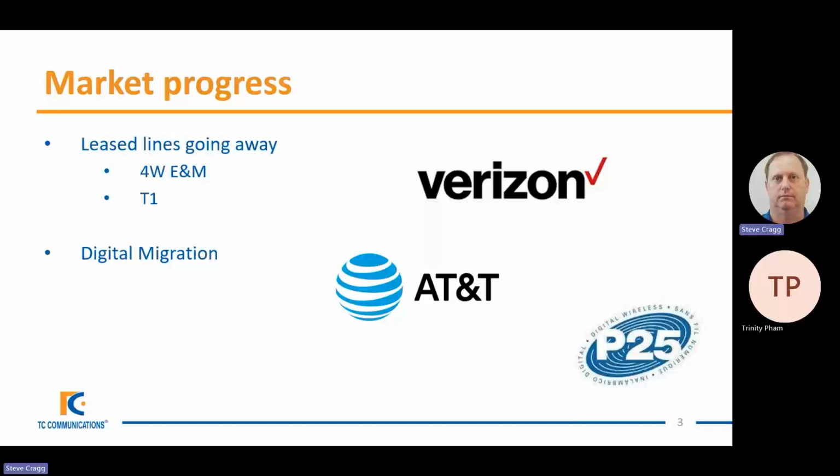Not only how you can use the JumboSwitch for that, but also the capability for the migration to keep your system working well and reliably, getting rid of leased lines, so that when you're ready for P25 or another digital standard, you have an IP solution that has the capability to support all your needs.